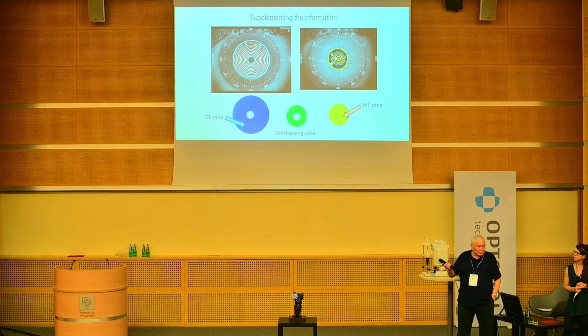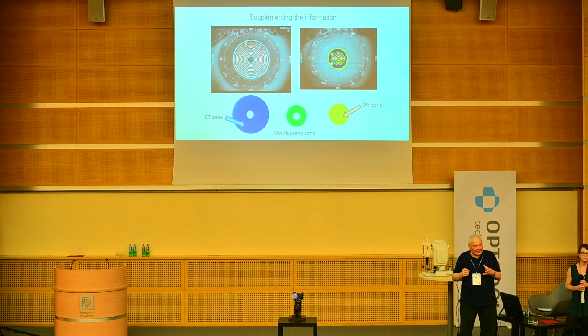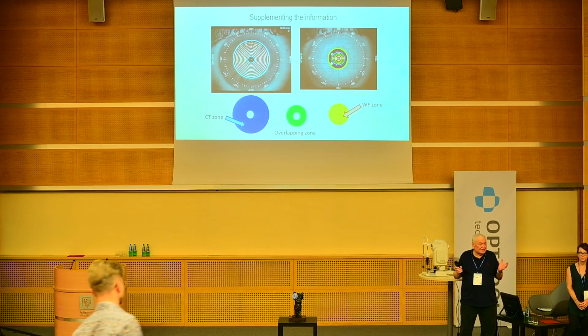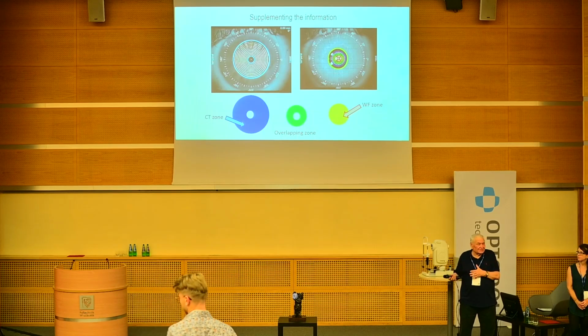I showed you how we follow changes in seconds. And in our experiment, we didn't measure the size of the pupil. If it changes something, we shall see it in the refraction.